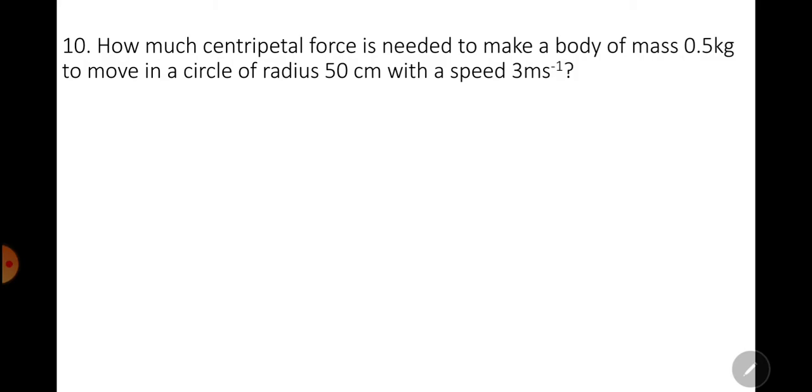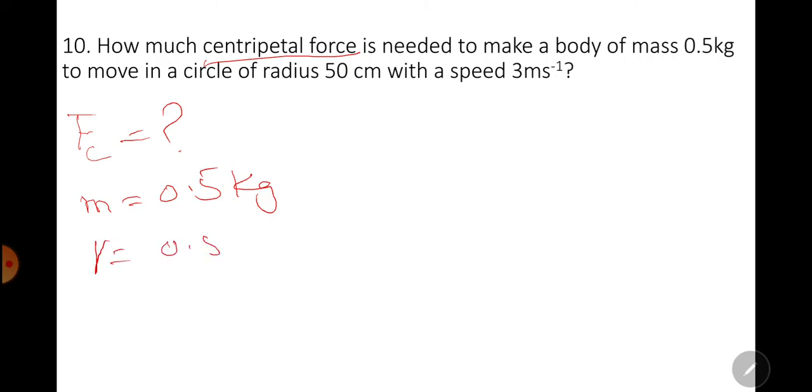Now, how much centripetal force is needed to make a body of mass 0.5 kg move in a circle of radius 0.5 centimeter, divide by 100 to convert into meter, with a speed of 3 meter per second?